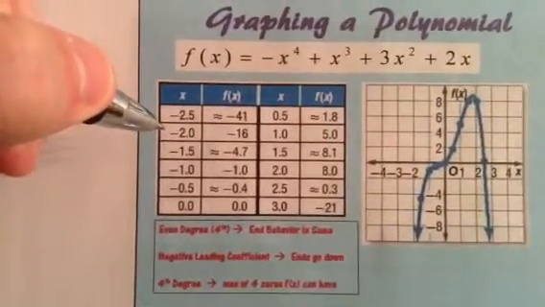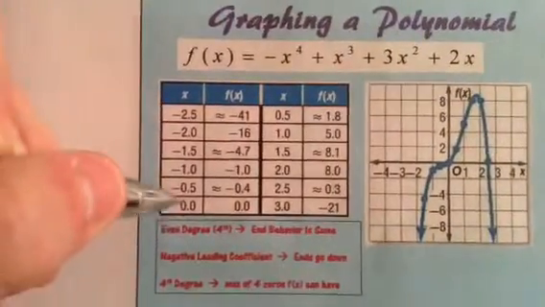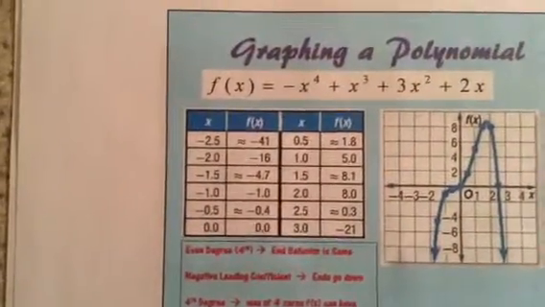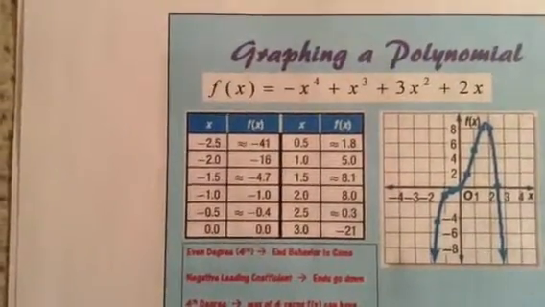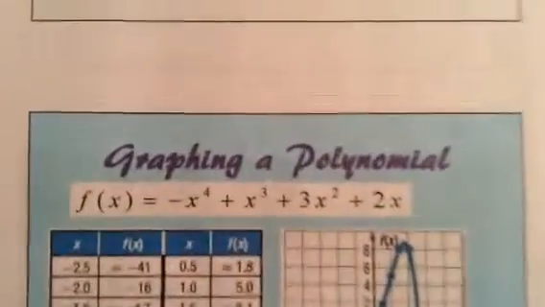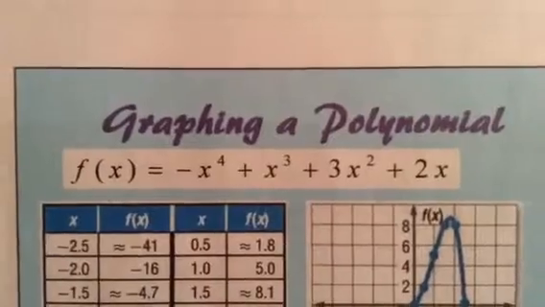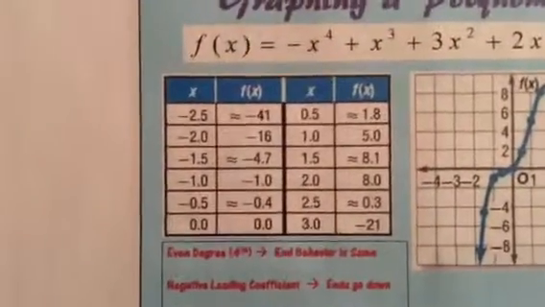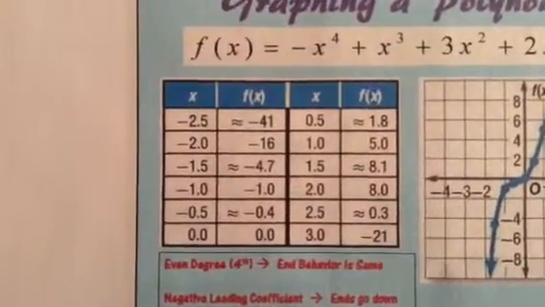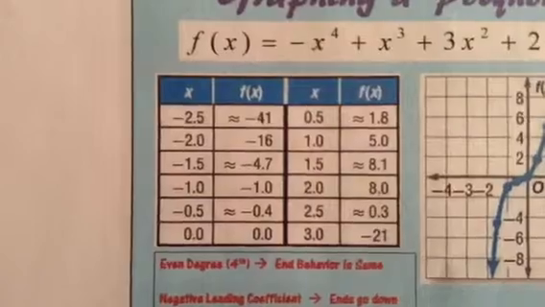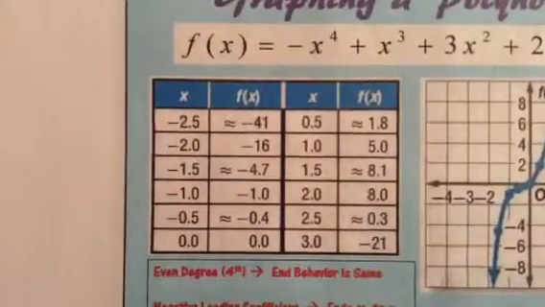So what they've done is they've branched off of the number 0, and they've gone negatively and positively 0.5 at a time. And when they plugged it into their equation right there, for say 0, 0.5, 1.5, they've gotten all these values that you see here. That's why the squiggly lines say approximately 41, negative 41, approximately 1.8. So all of these are different points. They've got quite a few.